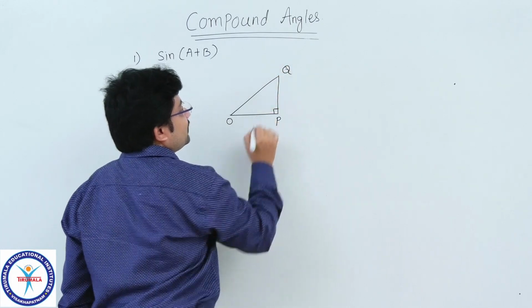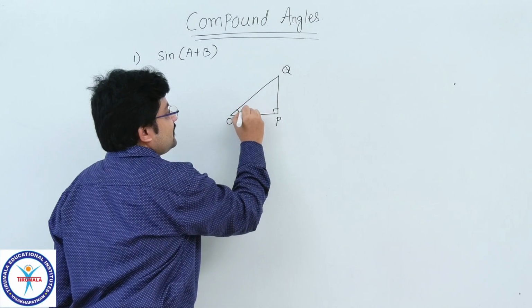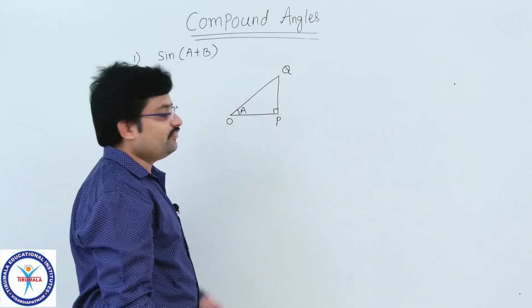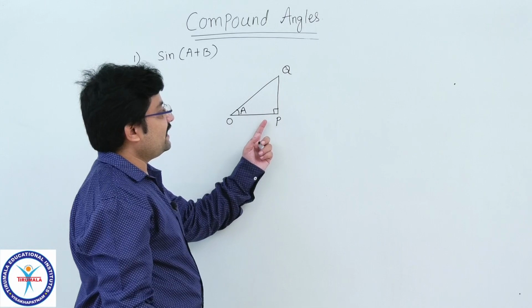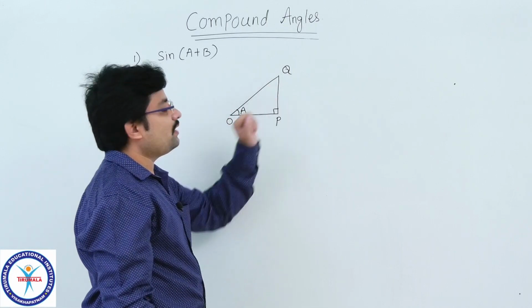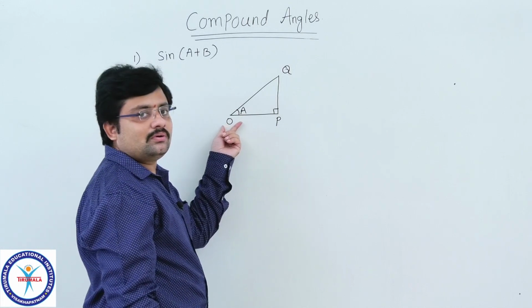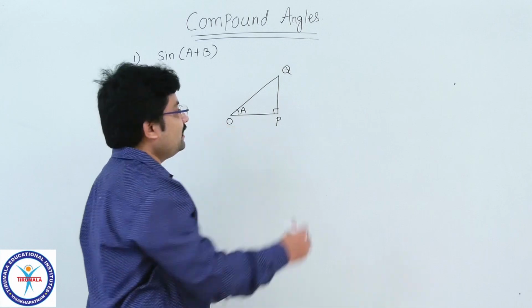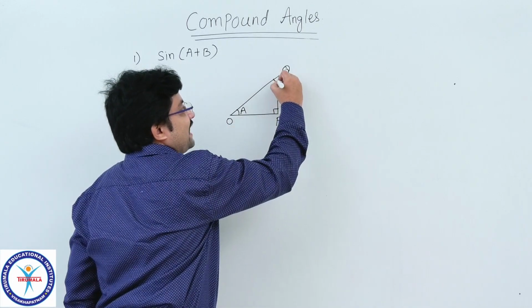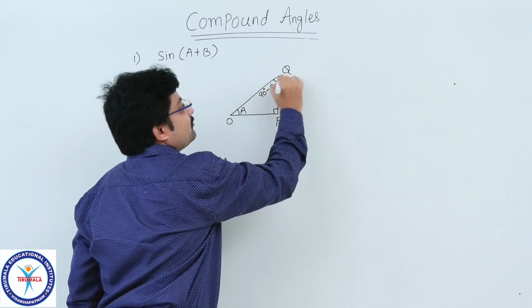Here the right angle is at P and angle POQ is A. We know that in a right angle triangle, one angle is 90 degrees, so the sum of the other two angles is 90 degrees. Here at angle O the measure is A, then at angle Q the measure is 90 degrees minus A.